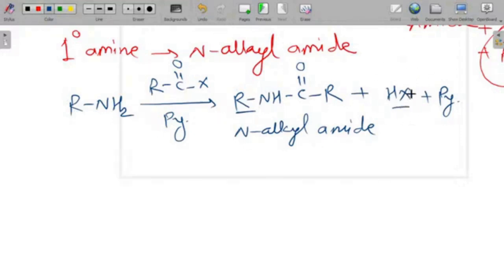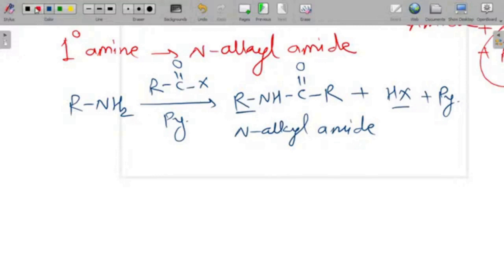Suppose it is HCl. This HCl acid is neutralized by pyridine because pyridine is a base and HCl is an acid, so there is a salt and a neutral solution is formed. So amides are neutral, amines are bases, and amides are neutral.